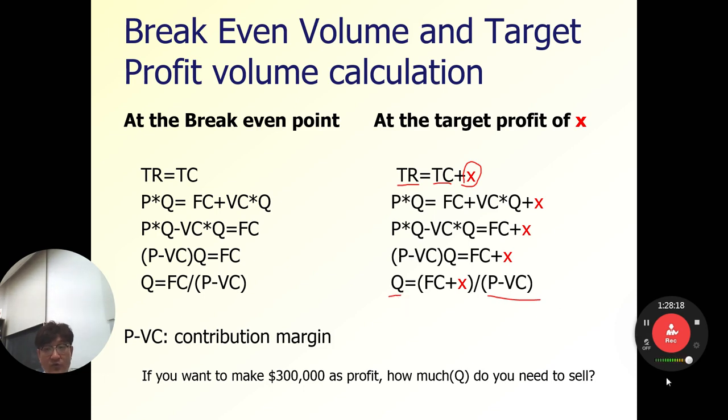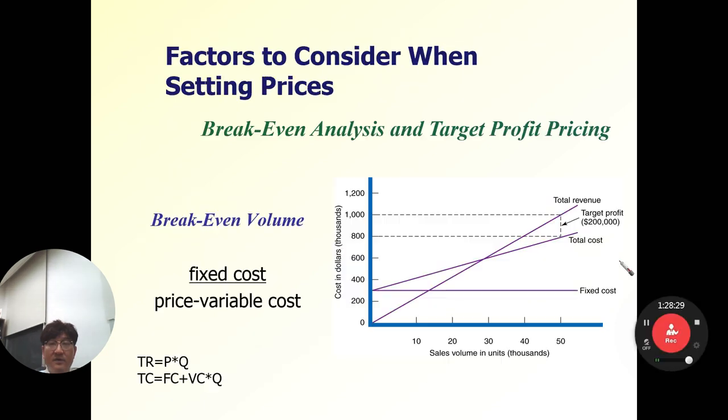You want to do that with the previous example? Let's go back. Here, if I ask the question, how many units do you need to sell if you want to make 200,000 as a target profit?